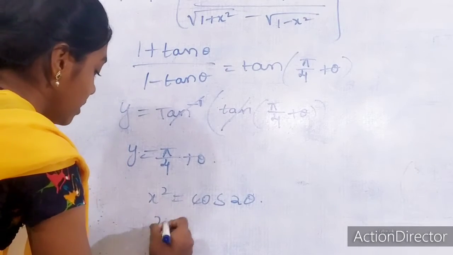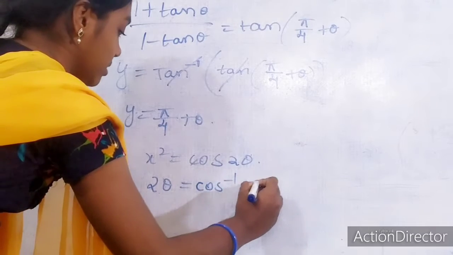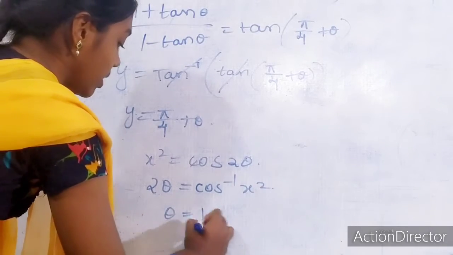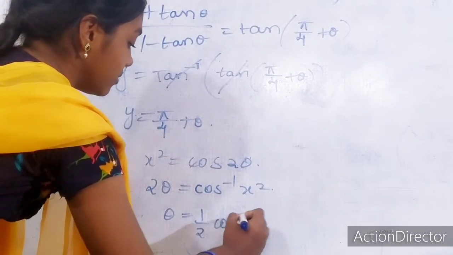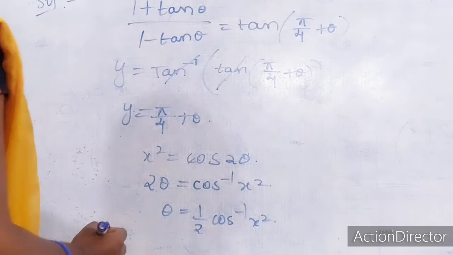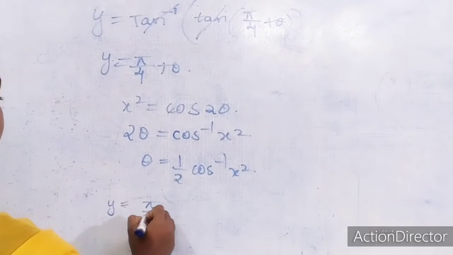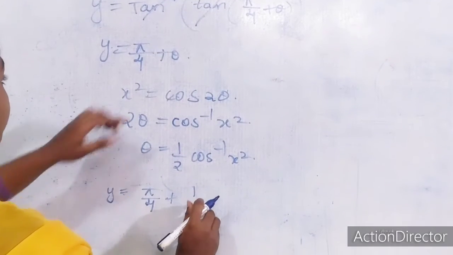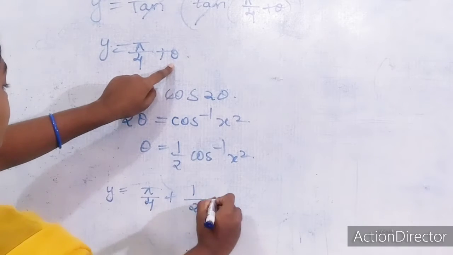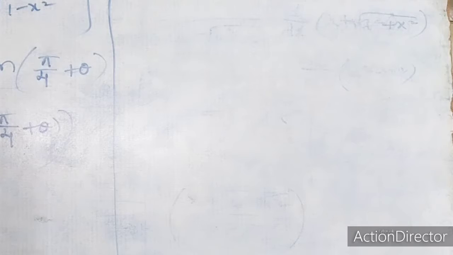From this we can write 2 theta is equal to cos inverse of x square, and theta is equal to 1 by 2 cos inverse of x square. Now we will write y is equal to pi by 4 plus, in place of theta we will write 1 by 2 cos inverse of x square.